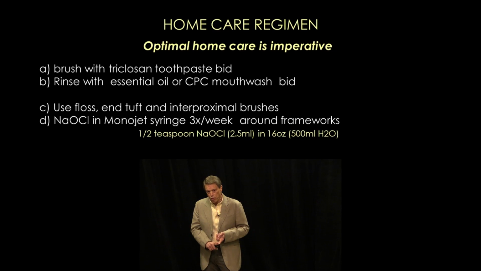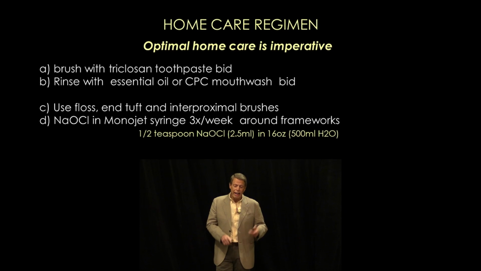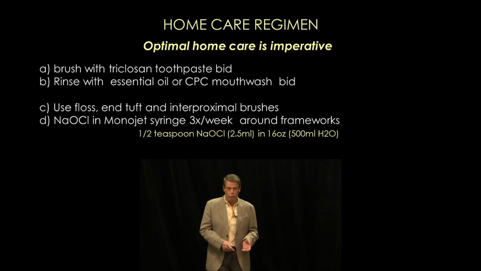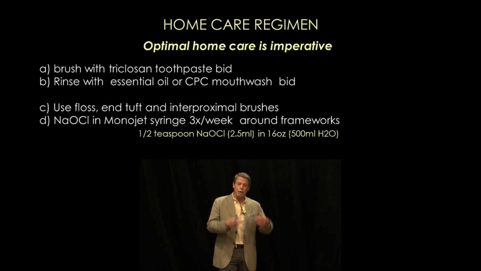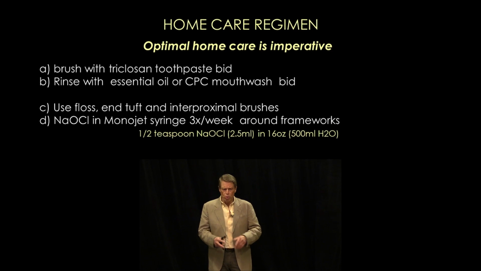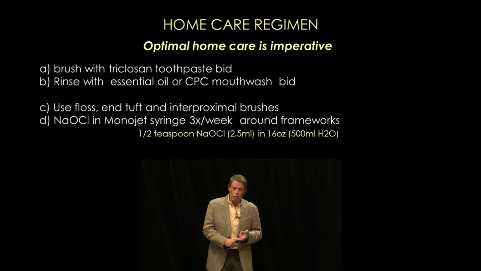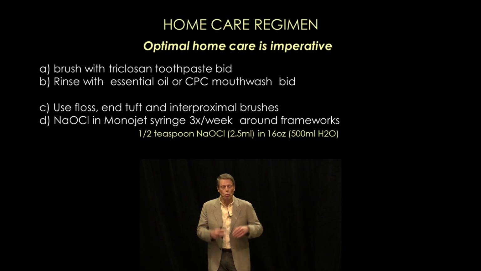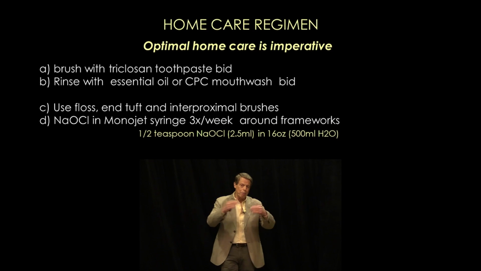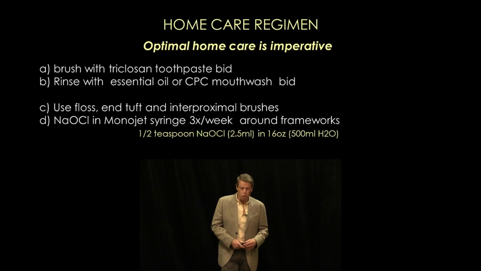And we're going to ask them to rinse twice a day with the essential oil mouthwash, the Listerine mouthwash, again with one of the rinsings right before they go to sleep at night. That's going to remove the bacteria on the tongue, the posterior part of the mouth, and the mucous membranes in the mouth. So what we're trying to do is control the supragingival biofilm and minimize its migration subgingivally.